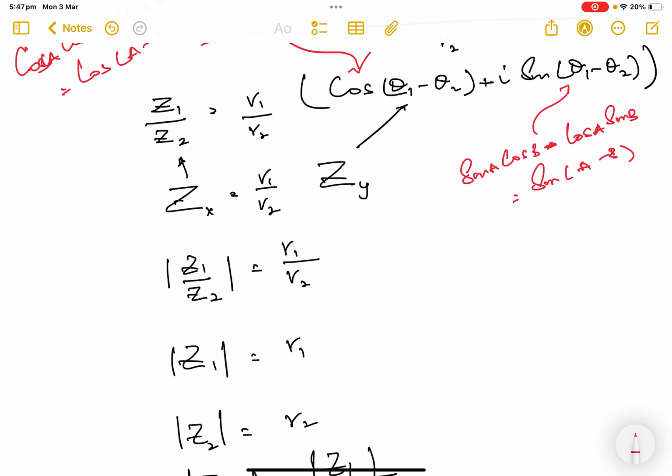So this is, if you can see it, the right hand side. So two complex numbers are equal. So Zx equals R1 and R2 as a modulus, and Zy, because of that, is in polar form. So left hand side, the modulus is Z1 over Z2, and the right hand side the modulus is R1 over R2.